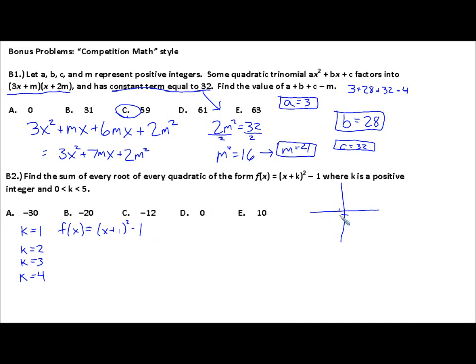So we have something that looks like this. Parent quadratic function behaves pretty well at values around the vertex. If you go up 1, you go to the left 1. You go up 1, you go to the right 1. So your two roots here, you can find those in different ways. They are 0 and negative 2.